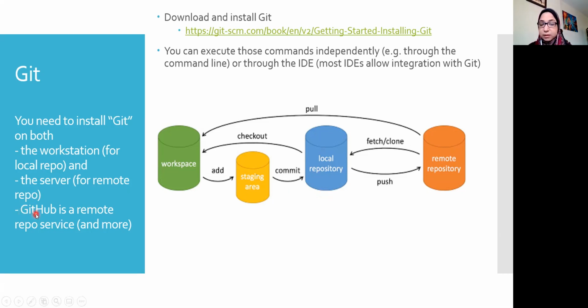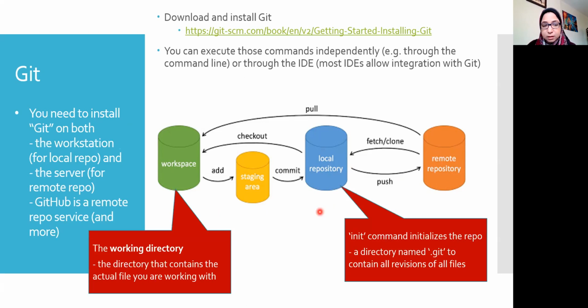Or you can use a service like GitHub. GitHub is a remote repository service, so instead of having your own server installation, you can use GitHub. GitHub provides a lot of services other than the remote repository, but the remote repository is what we're talking about right now. You can use GitHub as your remote repository, but you will have to have your own local repository as well.